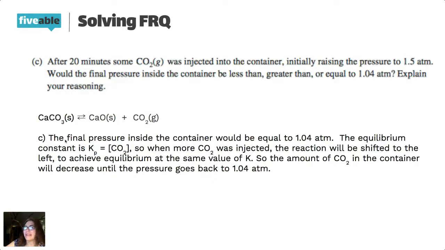But the answer is that the final pressure inside the container will go back to equilibrium. So it would be equal to 1.04 because the equilibrium is Kp equals the pressure of CO2. So when more carbon dioxide was injected, the reaction will shift to the left to achieve equilibrium at the same value of K. So the amount of carbon dioxide in the container will decrease until the pressure goes back to 1.04.